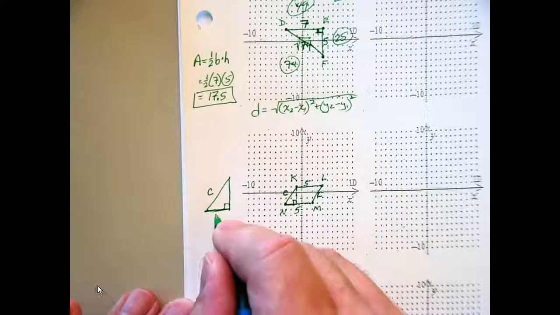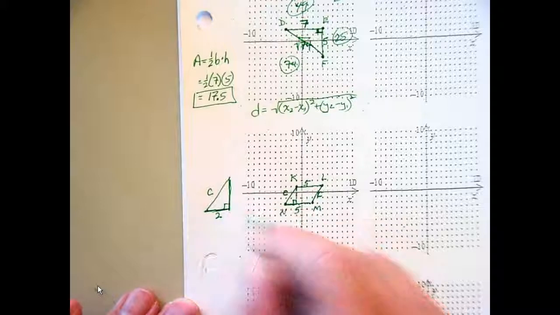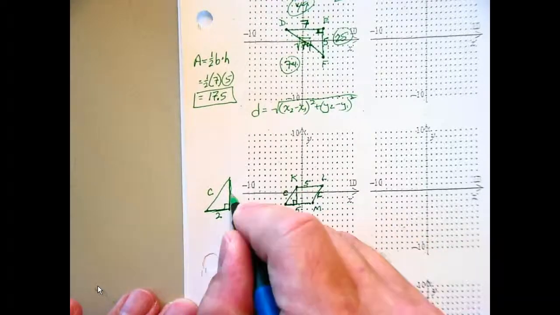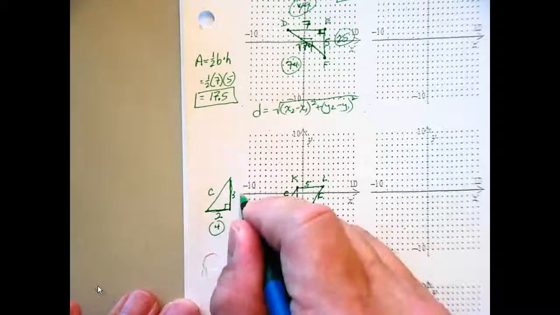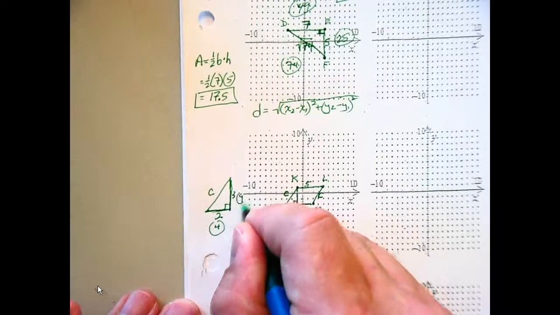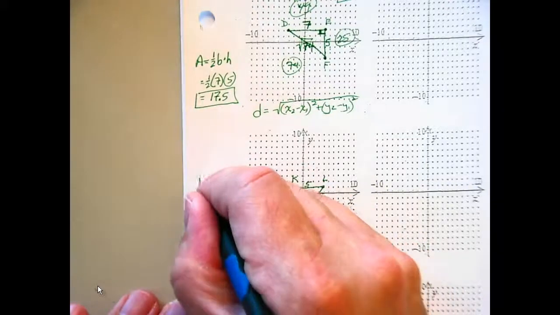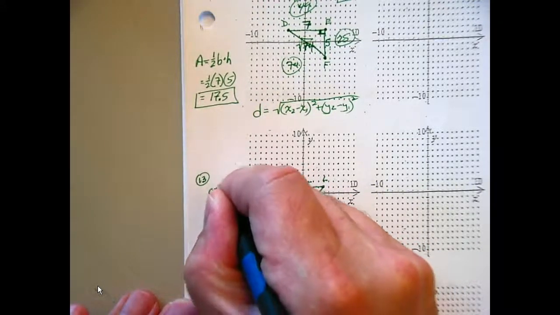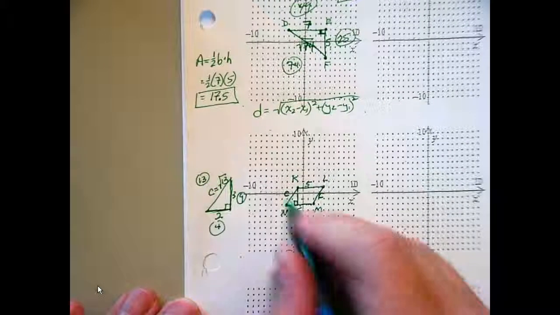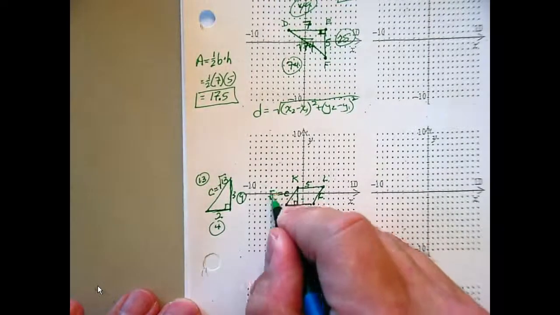Looks like 2. What's this length? Yeah, it looks like 3. So 2 squared is 4. 3 squared is 9. 4 and 9 is 13. That means c is root 13. So this is root 13.